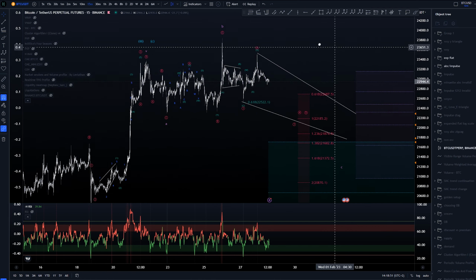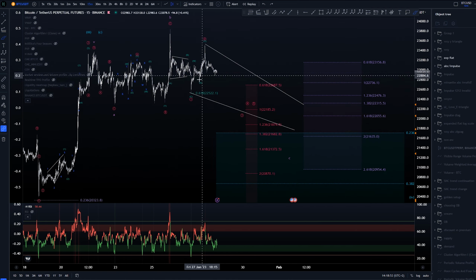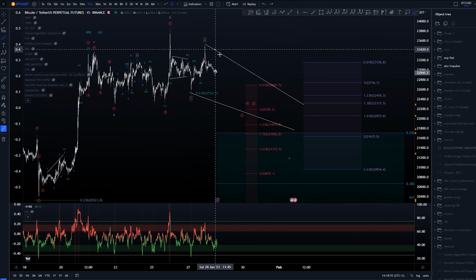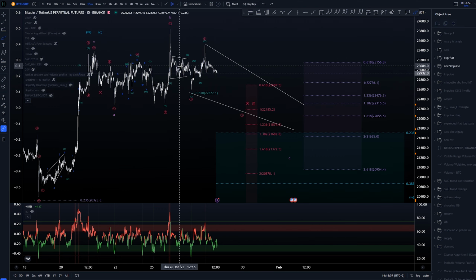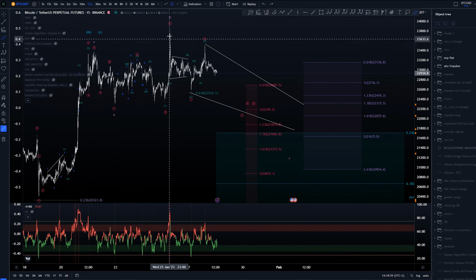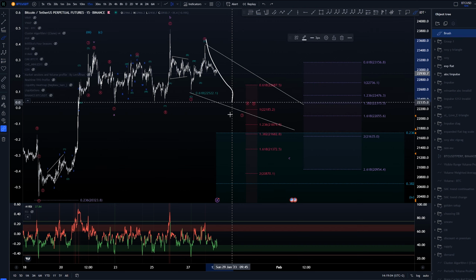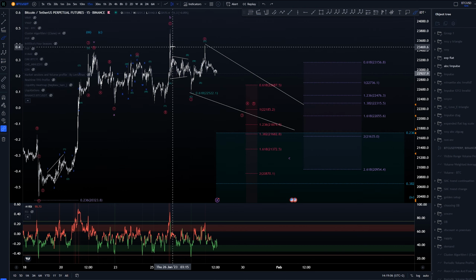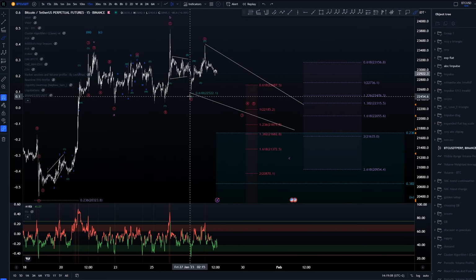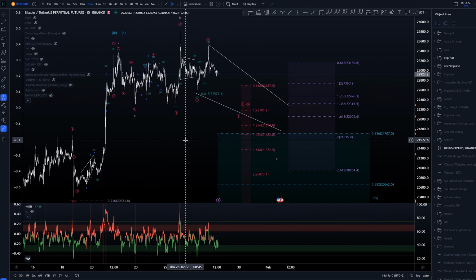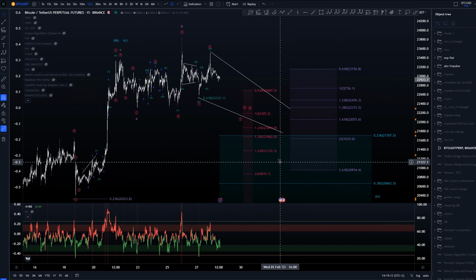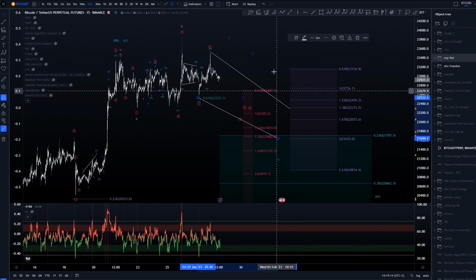Because we were thinking that this was a 3-wave structure like so, 3 waves here, and then downwards. If you watched the last video, we were looking into this exact situation, where I was saying that we would have 3 waves here, 3 waves up, and then downwards, based on these structures that we were having here. So that is one scenario, a diagonal down into the lows.